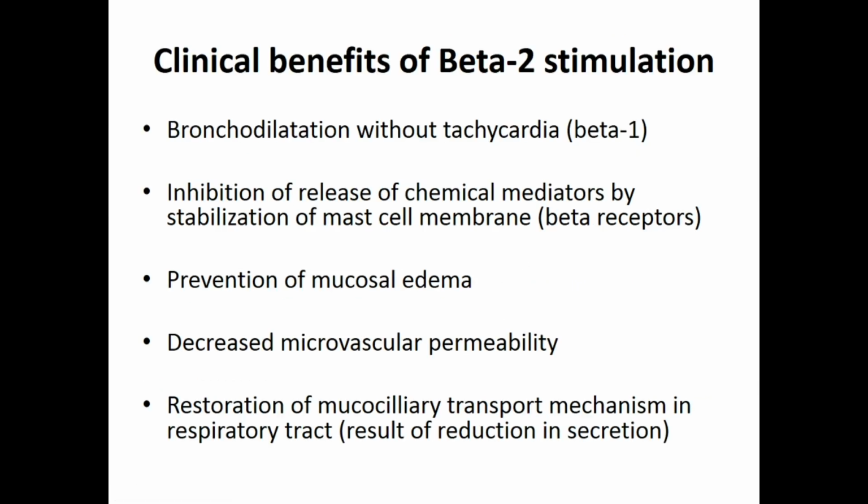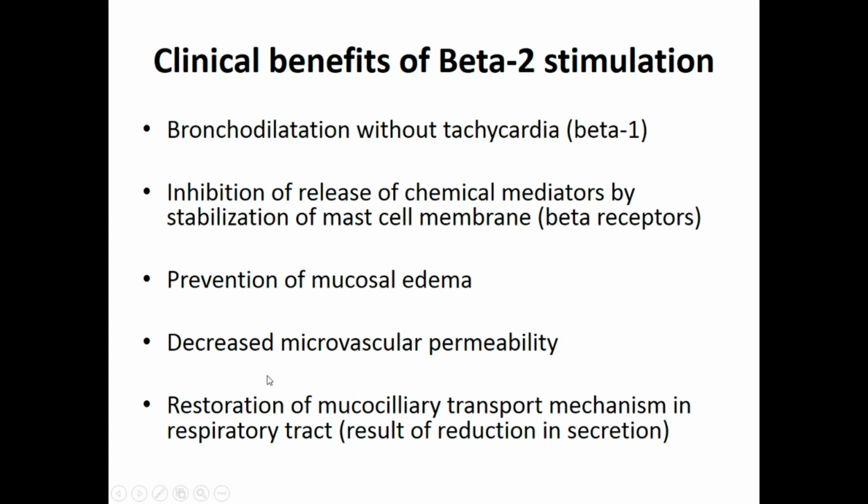The clinical benefits, again: bronchodilation without tachycardia because you don't have beta-1 stimulation, unlike which drug? Adrenaline. It can cause inhibition of the release of chemical mediators, which means it stabilizes mast cells. Because it doesn't cause release of chemical mediators, there will be no mucosal edema, so microvascular permeability on the whole will be decreased.